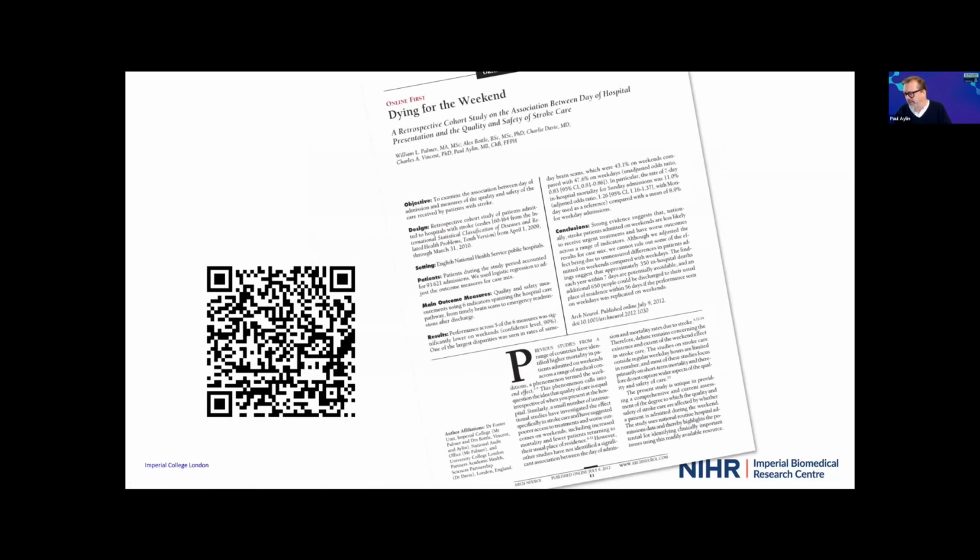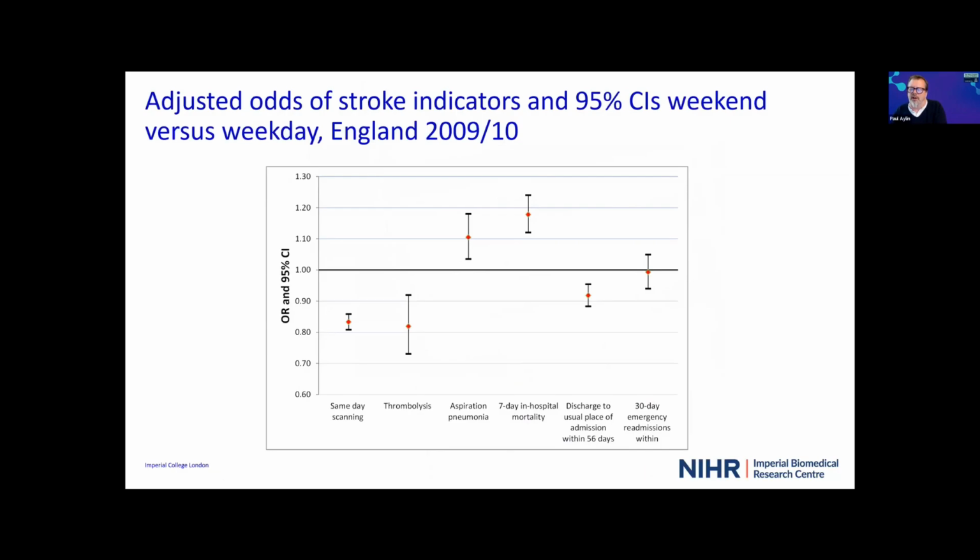As I said, we've looked at a lot of things. We've also looked at stroke. We've looked at maternity care. For stroke, we looked not only at the outcomes, but the processes of care. So we found not only did you have higher mortality if you're admitted at the weekend with a stroke, but you were also less likely to get a scan on the same day.